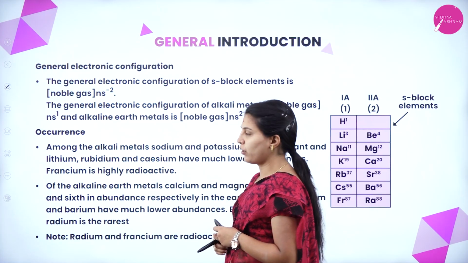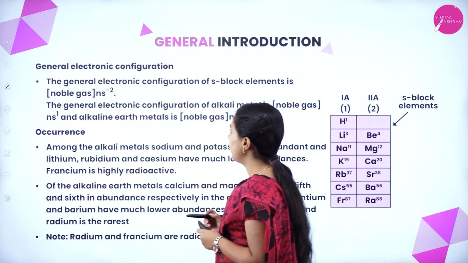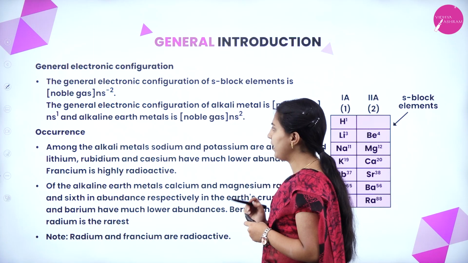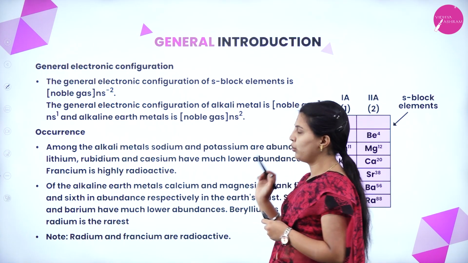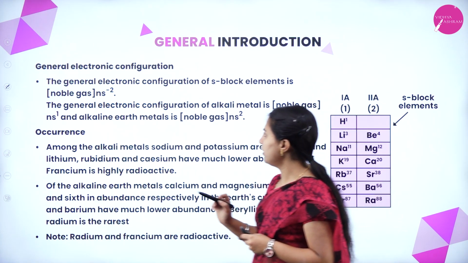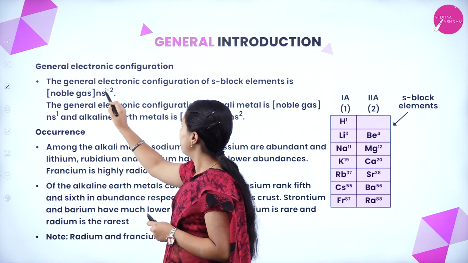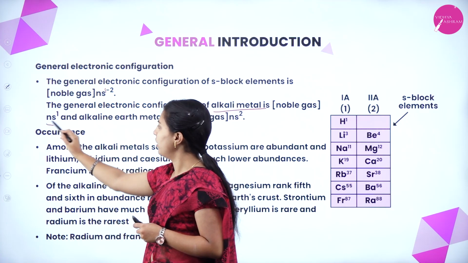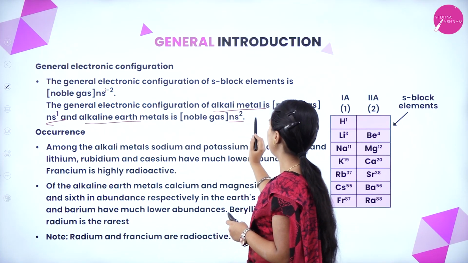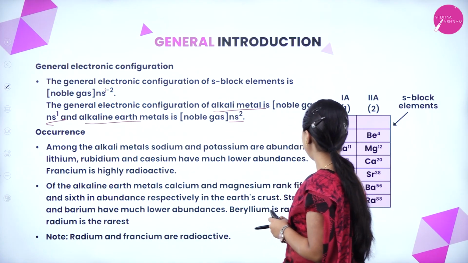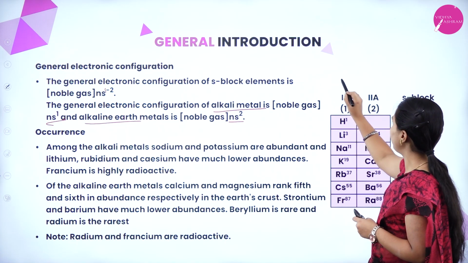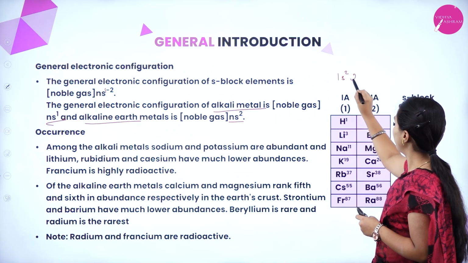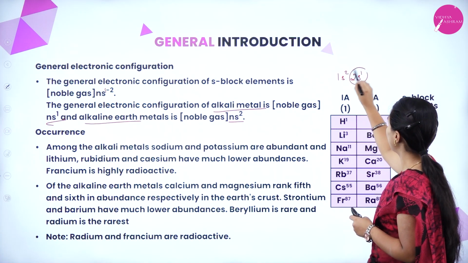Next, general electronic configuration. The general electronic configuration of alkali metals is Ns1 and alkaline earth metal is Ns2. For lithium, which is 3, it is 1s2 2s1, this is Ns1.